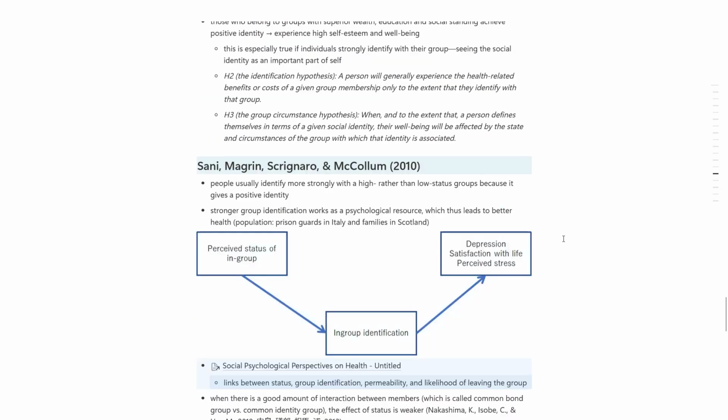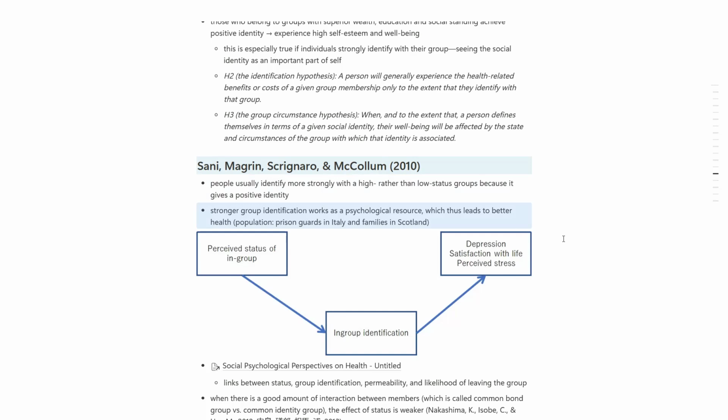Let me talk about one study done by Sani and his colleagues. They argue that people usually identify more strongly with high rather than low status groups because it gives a positive identity. And they argue that stronger group identification works as a psychological resource, which thus leads to better health.